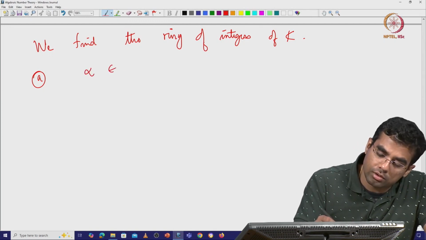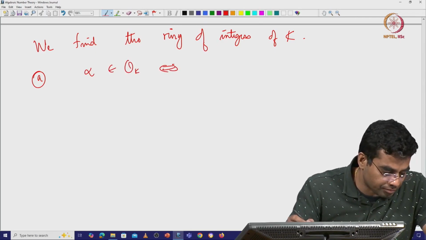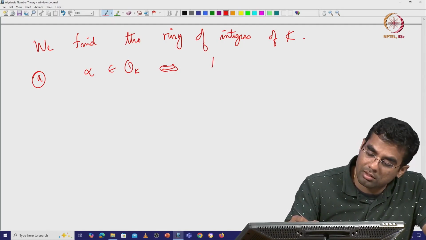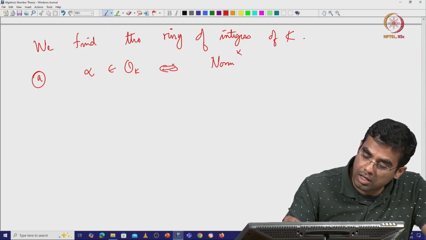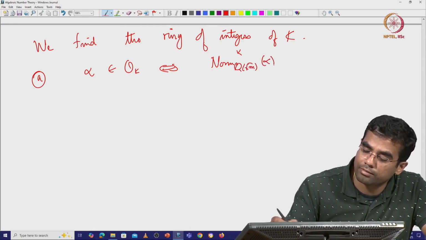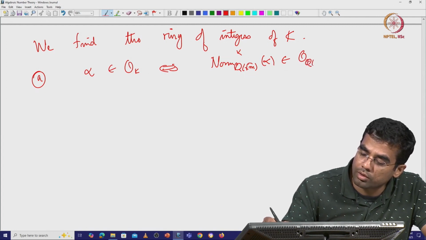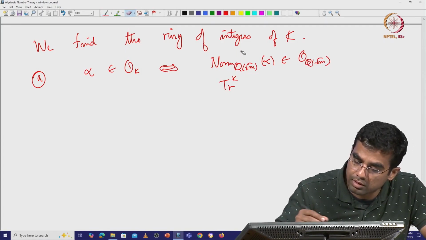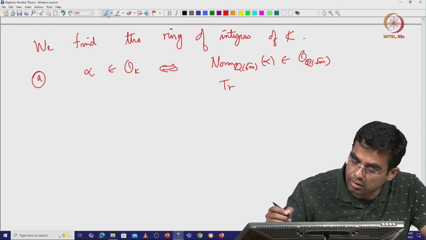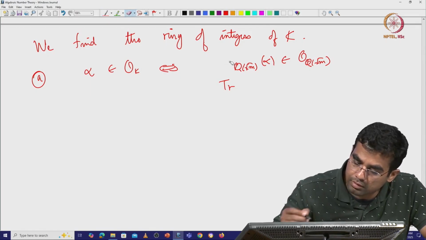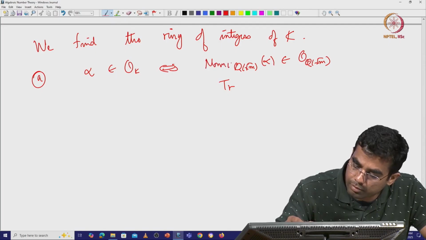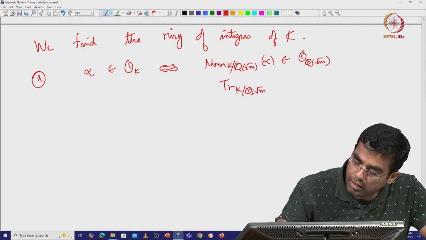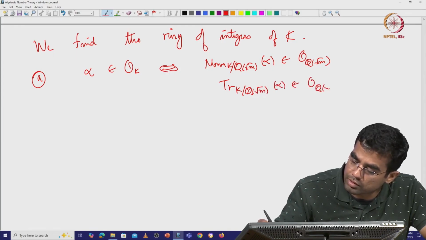So, alpha belongs to O_K if and only if the norm from K to Q(square root of m) of alpha is in O_Q(square root of m), and the trace from K to Q(square root of m) of alpha is also in the ring of integers.